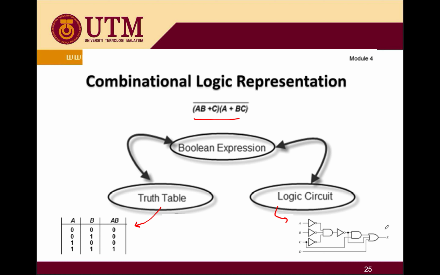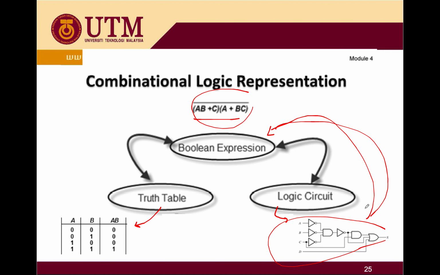Sometimes you were given the circuit and vice versa, you need to come out with the Boolean expression, or sometimes you were given the Boolean expression, you need to come out with the logic circuit. Similar to the truth table, sometimes you are given the truth table, you need to have the Boolean expression. If you have a Boolean expression, you can also get the truth table.